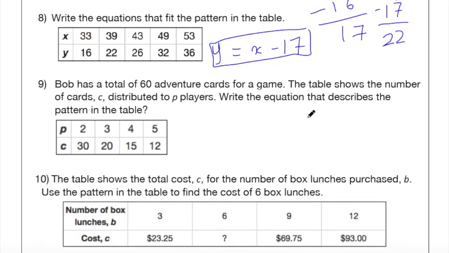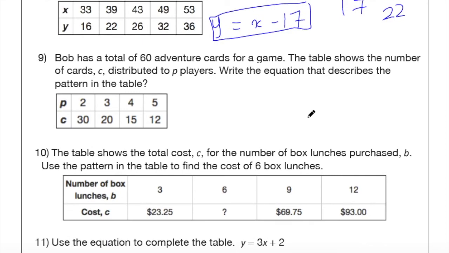Next, Bob has a total of 60 adventure cards for a game. The table shows the number of cards C distributed to P players. Write the equation that describes the pattern in the table. The relation here cannot be addition or multiplication because C is decreasing.